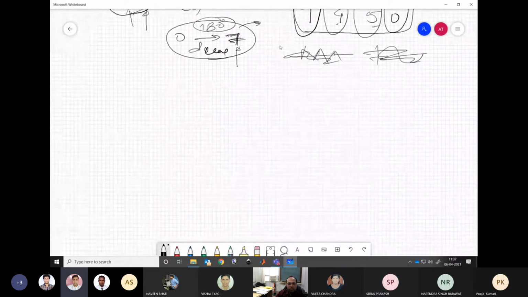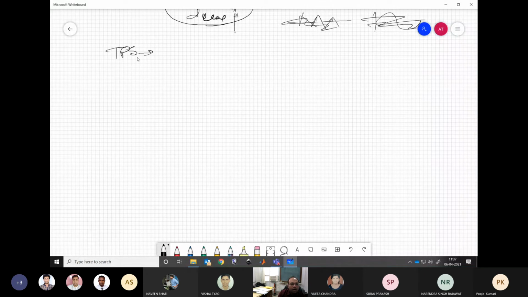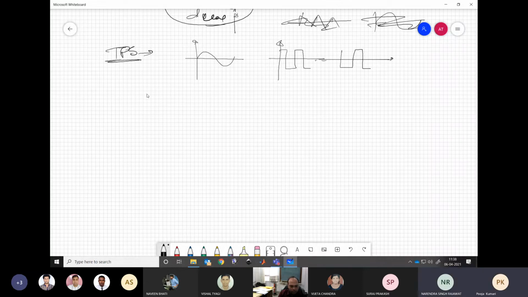Now, the three-phase symmetry. If we try to maintain three-phase symmetry in our system, what condition do we have? Anybody? The phase vectors should be 120 degrees apart.